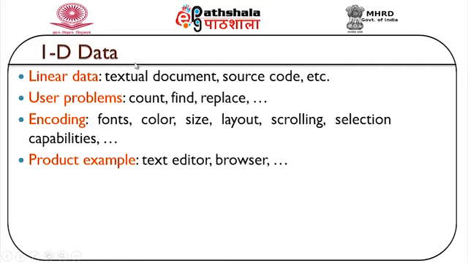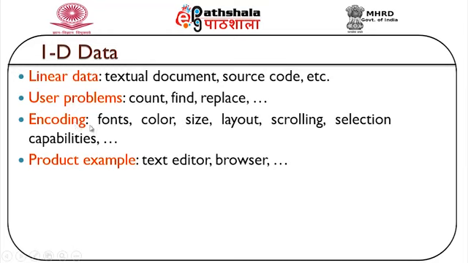For the one-dimensional data set, usually the data set is linear data. Examples are textual documents, source code, etc., which are linear in nature. The user problems associated with this one-dimensional data are: users are supposed to find something, replace something, or count certain information or certain variables within the document or within the linear data.